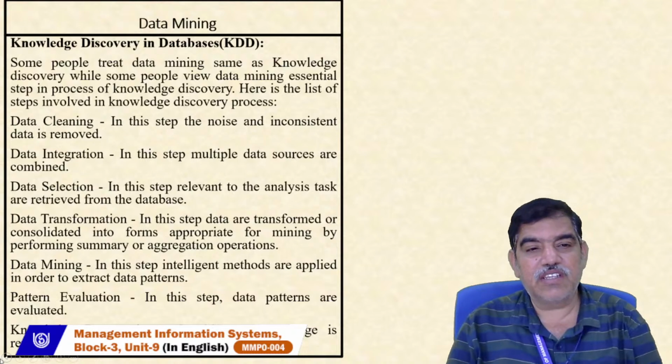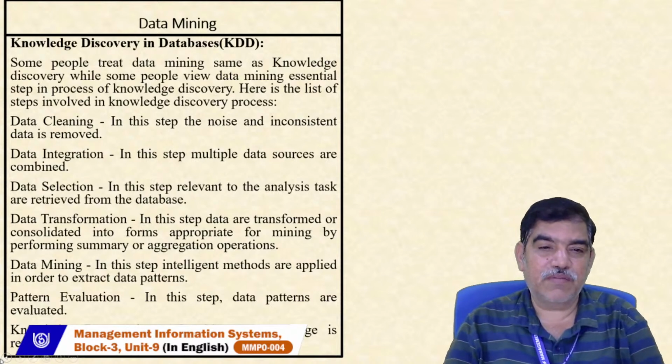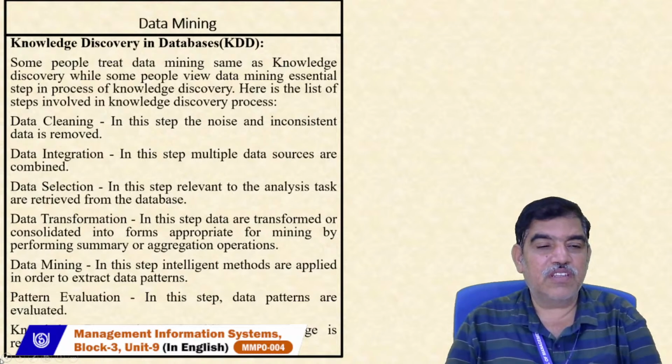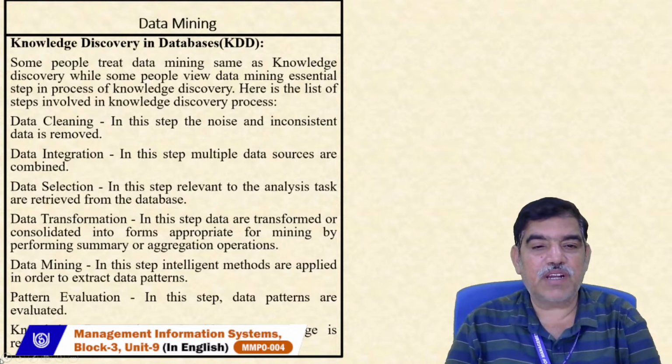Data cleaning is the first step. In this step, noise and inconsistent data are removed. So unnecessary data are cleaned up. Data integration. In this step, multiple data sources are combined. Data selection.